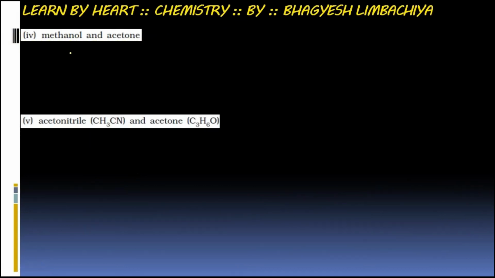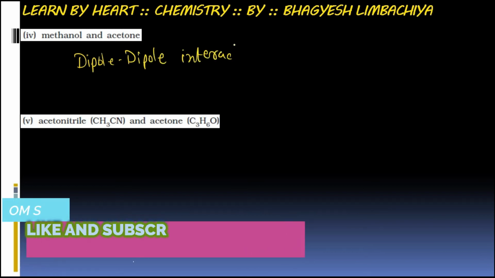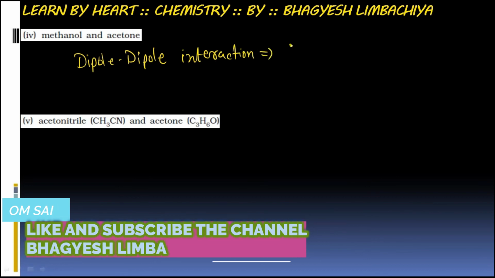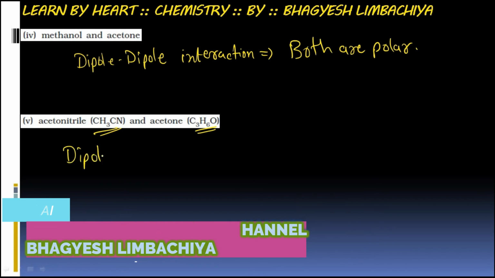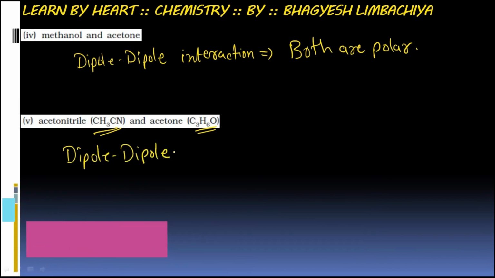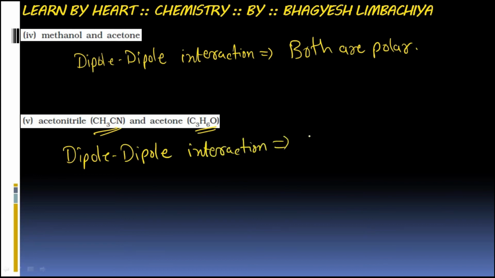In number 4, methanol and acetone is taken. Here dipole-dipole interaction occurs because methanol and acetone both are polar compounds. Next is acetonitrile and acetone. Here also dipole-dipole interaction occurs, and the same reason: both are polar components.